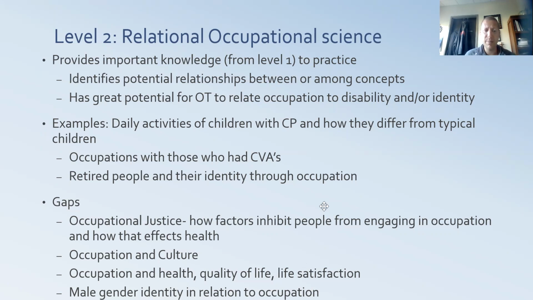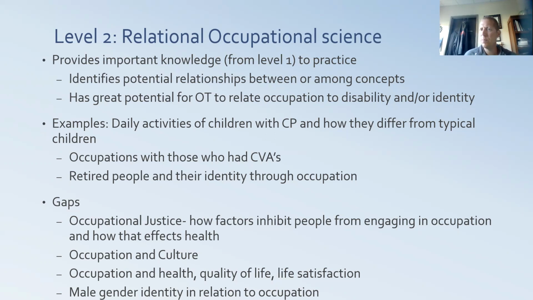Again, I talked a little bit about what male occupations are, or occupations that men are seeking and want to engage in. And with level 2, it's what is the male gender identity? How is that related to occupation?